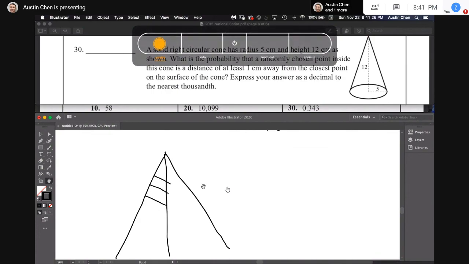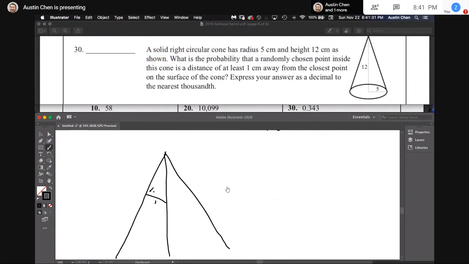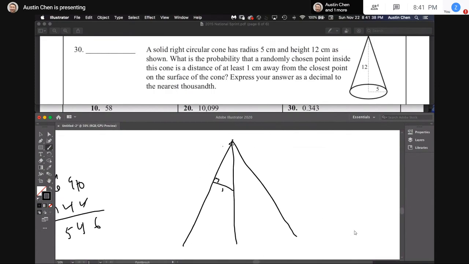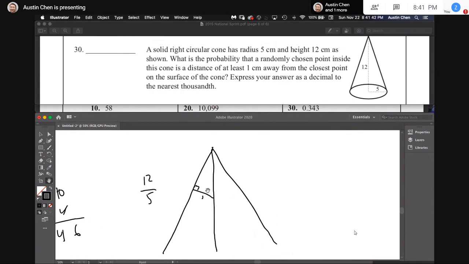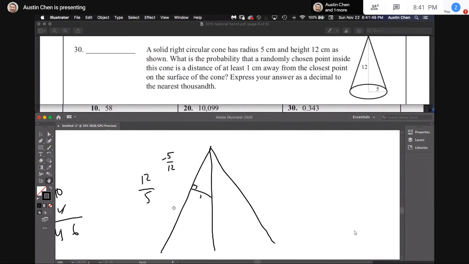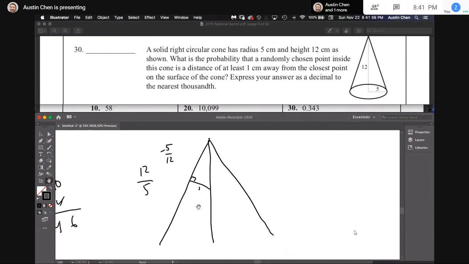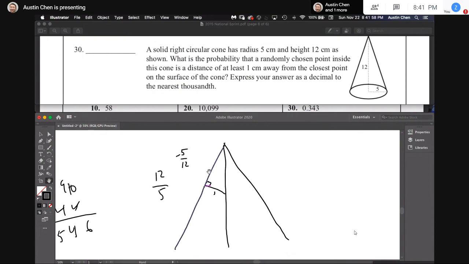Okay, so we kind of need to do the same thing again. Yeah, this has a slope of 12 fifths, and this will have a slope of negative 5/12. And then you can do this in a lot of ways. Use the triangle that's already there. Okay, sure. So we can just use this triangle.